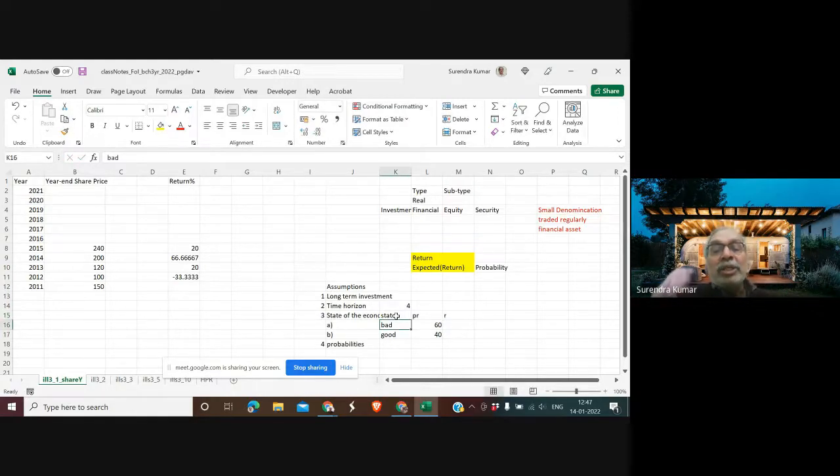Given the economy is bad, what return you are expecting for the investment that you are going to make? Let us say you are expecting 30% returns.